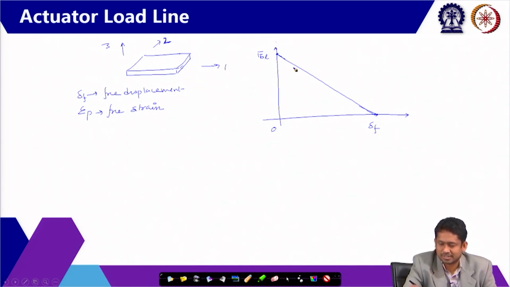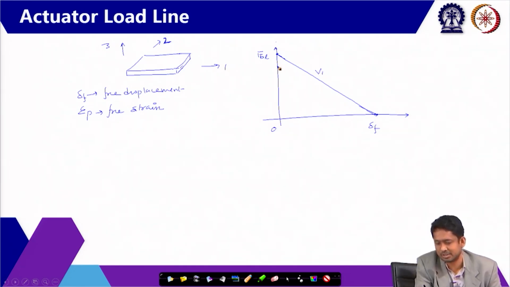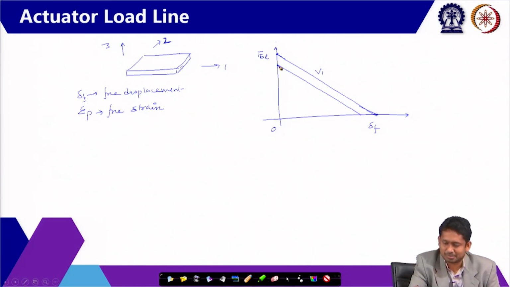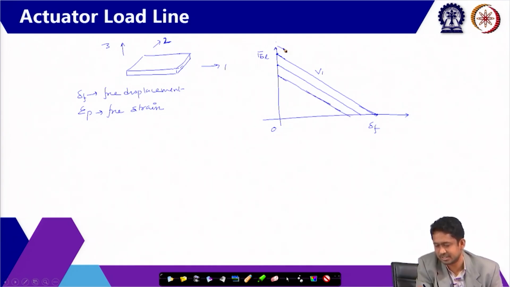So, this is for a certain voltage, maybe for V1. So, if I reduce the voltage and make it V2, at that reduced voltage my delta f will have some reduced value, and the block force would have some reduced value, and if I reduce it further, it will again have some reduced value, or if I increase it, it will have some enhanced value.